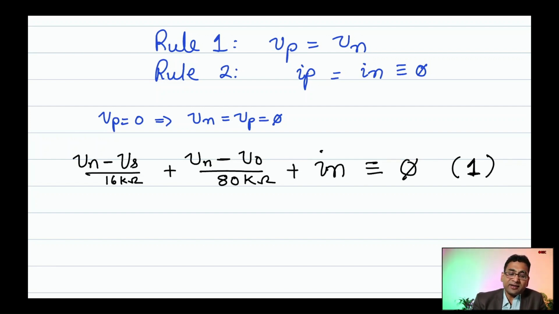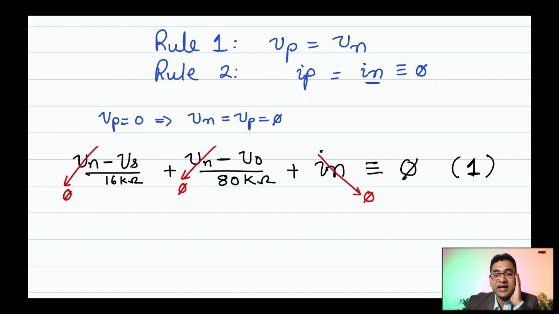Now, the other rule is that Ip and In are 0. So here is what is going to happen. Vn is going to go to 0. This Vn term is going to go to 0 as well. So this is going to go to 0, this is going to go to 0, and this guy is going to go to 0 as well. That simplifies the equation quite a bit.